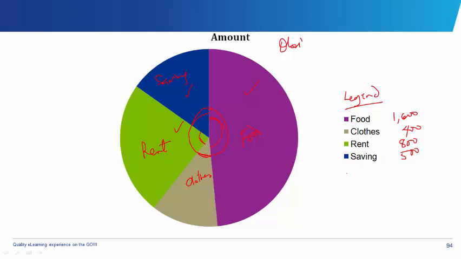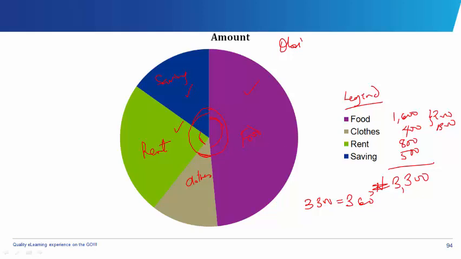So first of all, we'll now say the total amount we have here is what? This is 2,000 naira plus 1,300. That is 3,300 naira. So we can say this way that 3,300 will give us 360 degrees. That is the total amount.